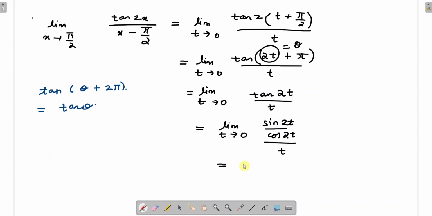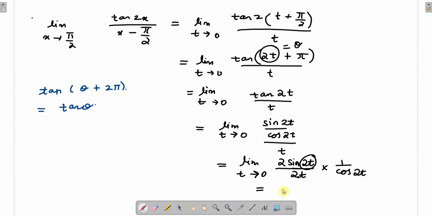So this will be equal to what? Limit t tends to 0, now sin 2t divided by t multiplied by 1 by cos 2t, like this I'll write. Okay, now I want 2t here, so multiply and divide by 2.